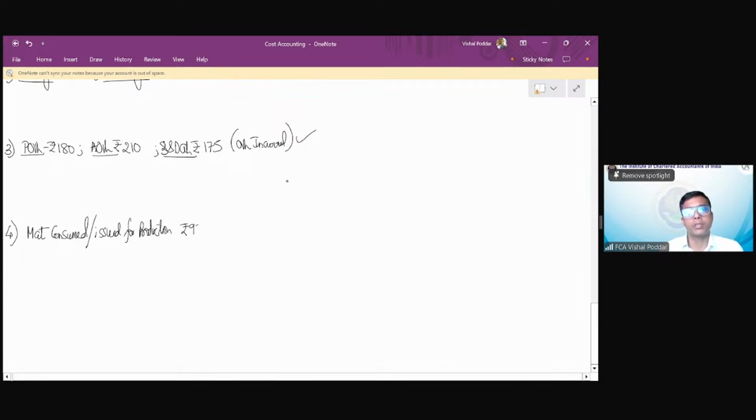Let us say rupees 90. Similarly, they will say material issued for repairs. Let us say this is rupees 6. So one transaction is material issued for production, or they will say material consumed. Another transaction is material issued for repairs.